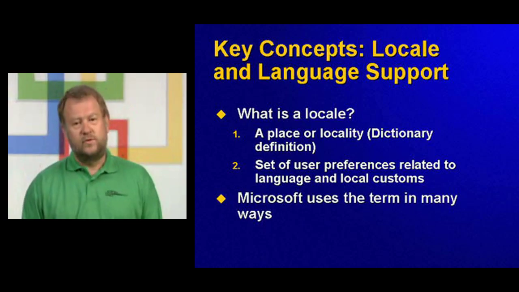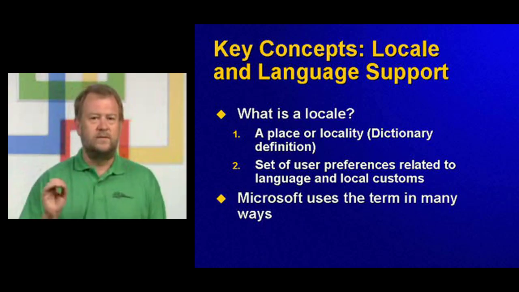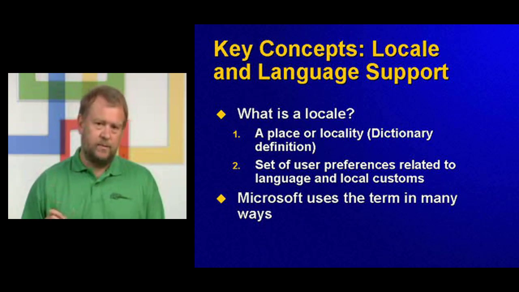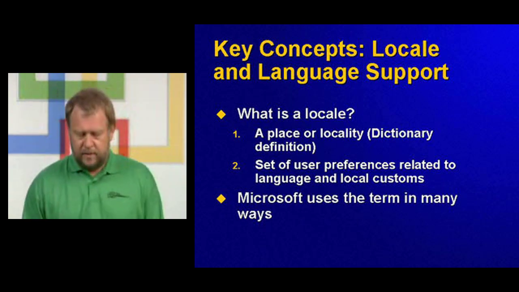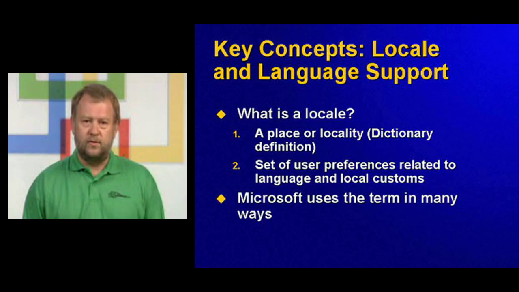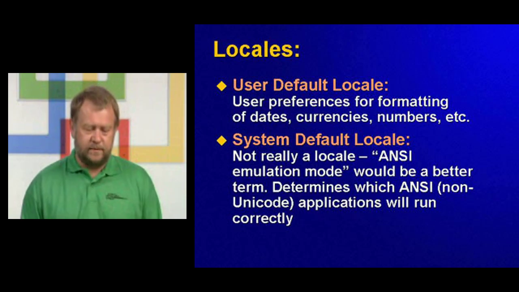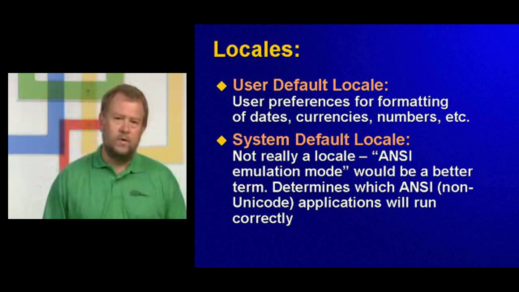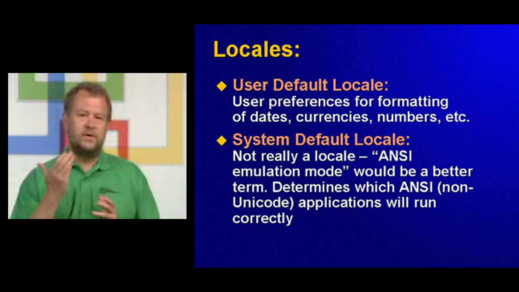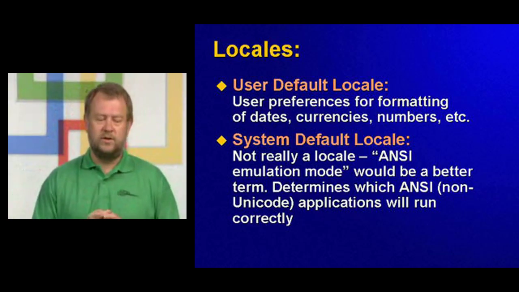The problem is that within Microsoft, I'm sorry to say, we use it in a lot of different ways, and some of them are contradictory and a little confusing. So we're going to talk about what we mean by locale and what are the various ways we use that. The way that we use it that's closest to the real definition is the user default locale.